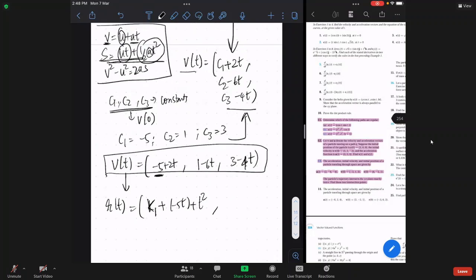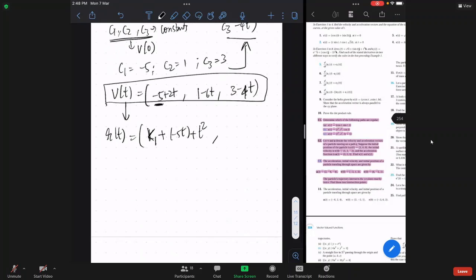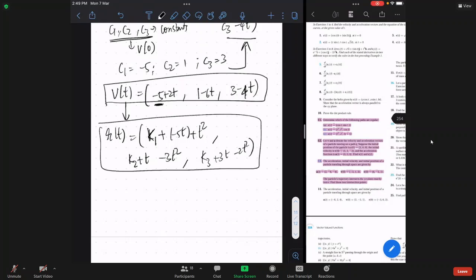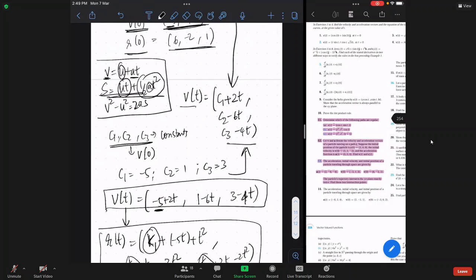Similarly, if I make use of the same logic, I'm going to get the other coordinates as k2 plus t minus 3t square, and then k3 plus 3t minus 2t square. Okay, this is my r of t set of equations, but I need to find out what k1, k2, and k3 are. Again, that's given in the question.